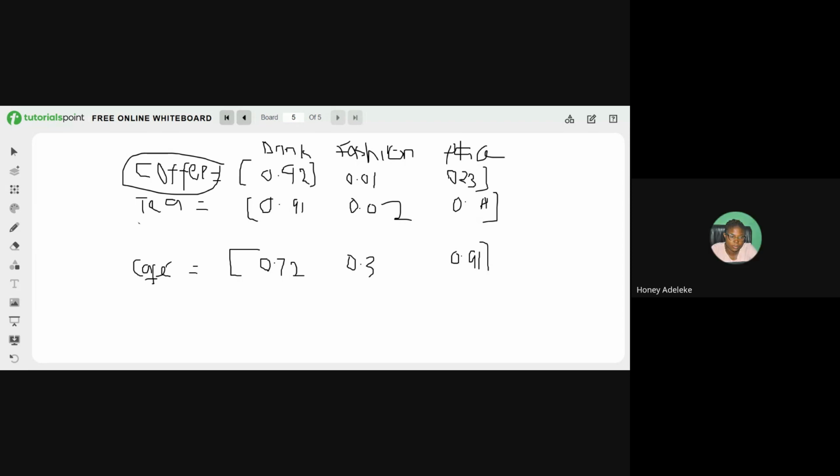I thought you said the values are already in existence, the values assigned to features. Are we the ones that will assign values to them? No, you are not the ones assigning. This is for the sake of manual calculation and for exam purposes.